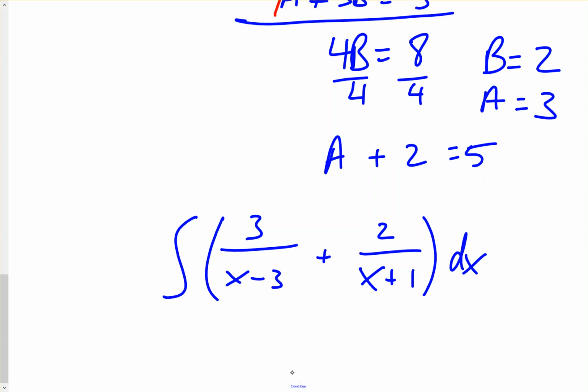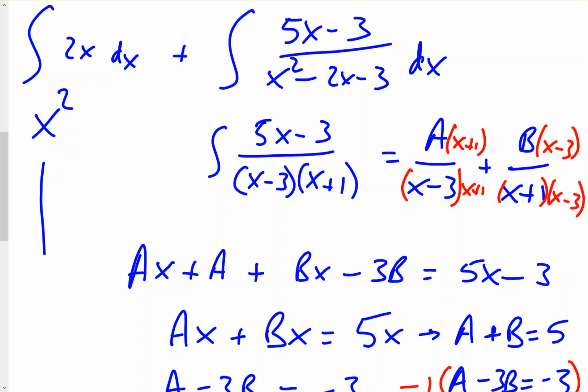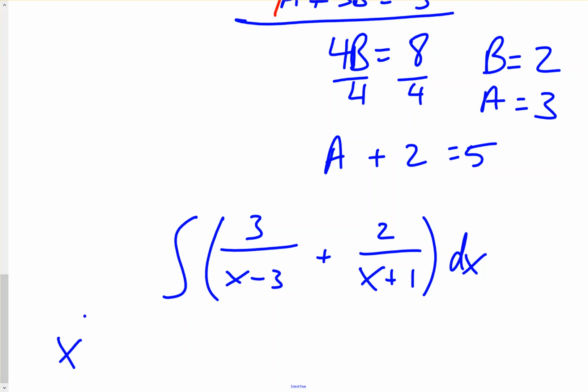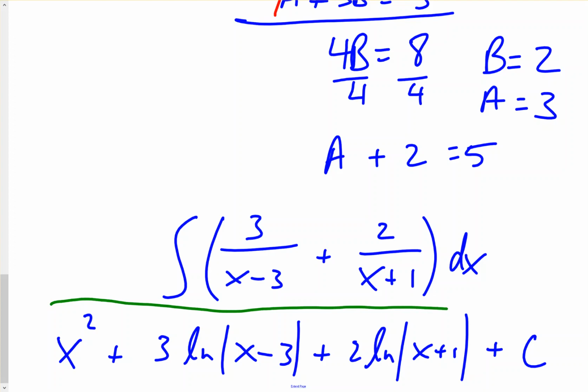Okay, so easy integration. Let's keep in mind we had the x squared from the beginning, so bring that down. So we have the x squared plus, pull the 3 on the side, 3 ln of x minus 3 plus 2 ln of x plus 1. And we didn't have a c being used in this problem, so plus c. And that would be the final answer.